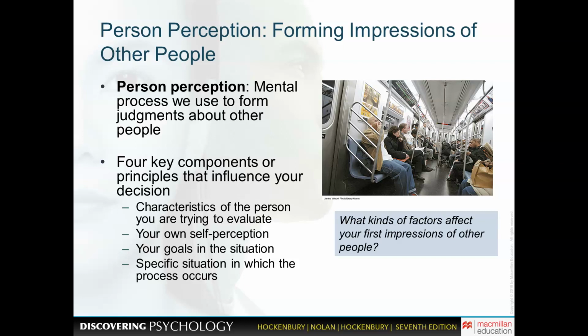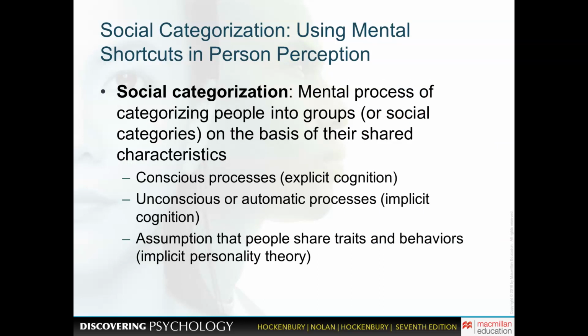We're looking at categorization, the shortcuts in our person perception, putting people in categories. That is the mental process of categorizing people into groups or social categories on the basis of their shared characteristics. I listed a couple of terms down below.